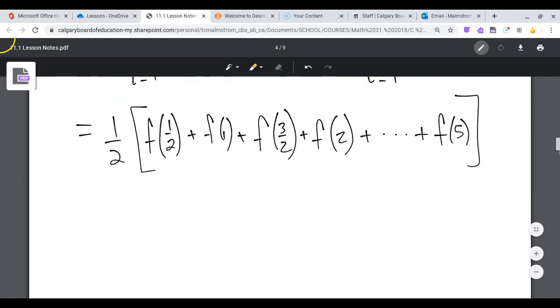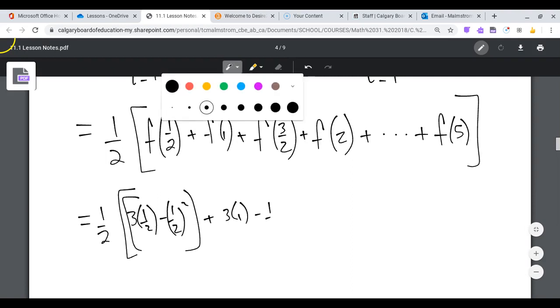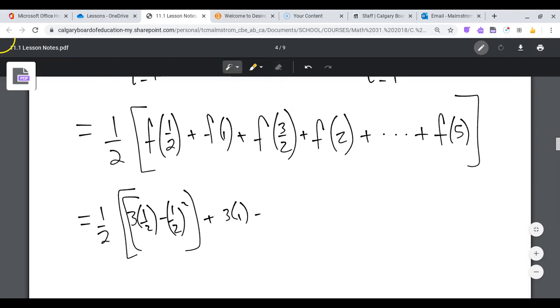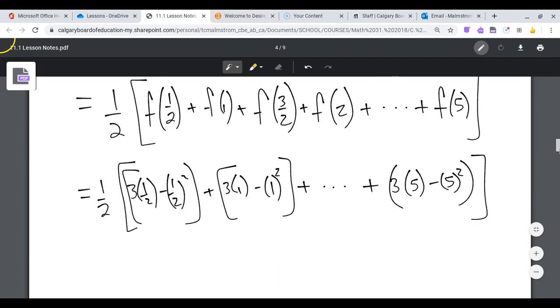Now, I didn't write them all out. So now this is a little bit tedious because you have to go to your function and go 3 times 1/2 minus 1/2 squared. That's just the first one, plus 3 times 1 minus 1 squared, plus, and all the way until you get to x is 5, so 3 times 5 minus 5 squared, and you add those all up and multiply by the half in the front.